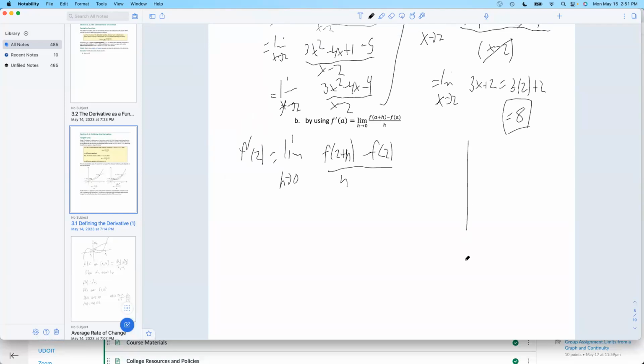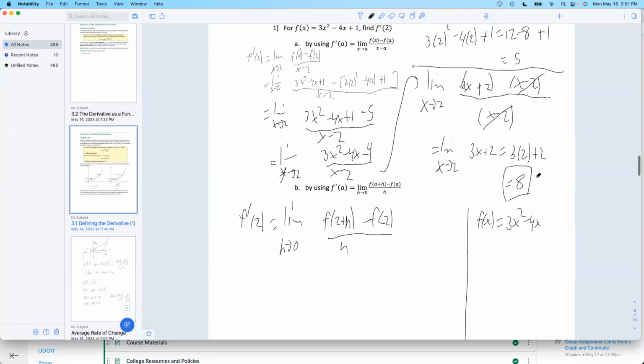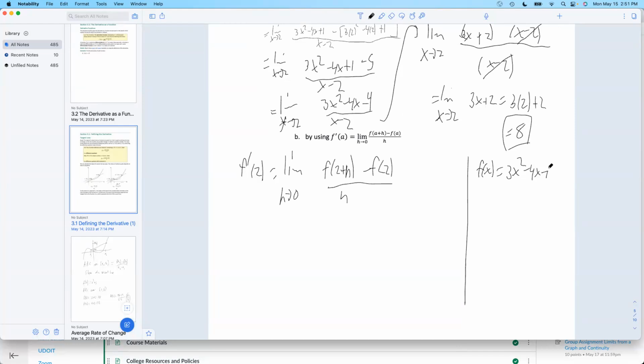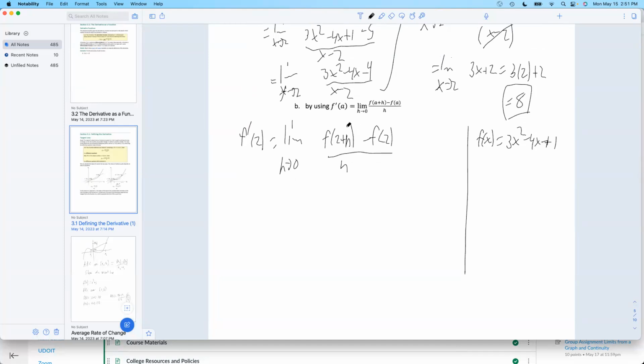Just for simplicity, I'm going to rewrite what our function is over here. It was 3x squared, I don't remember, that's why I'm writing it down. Minus 4x plus 1. Okay. f of 2 plus h.